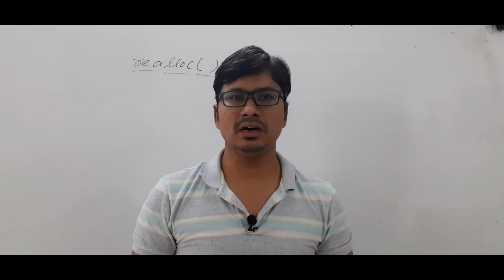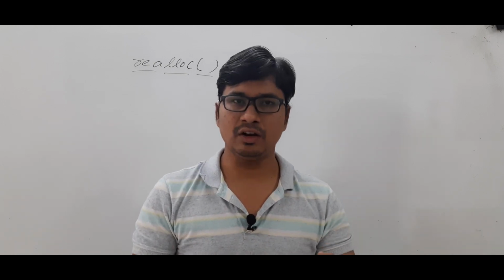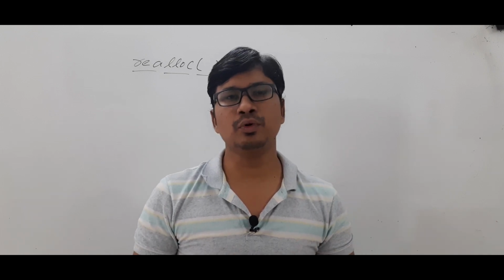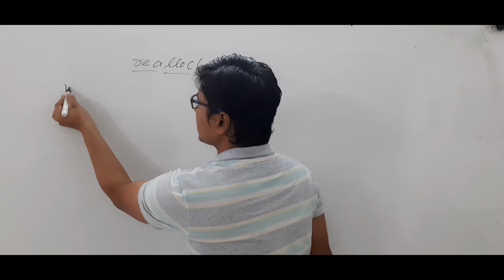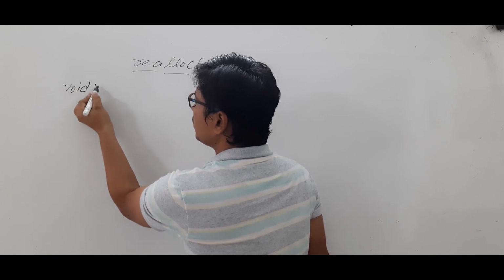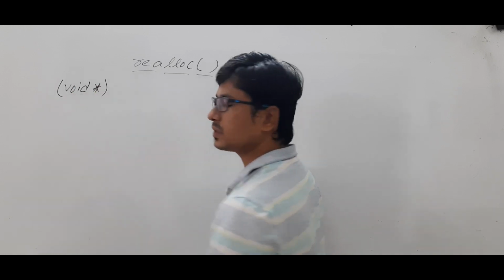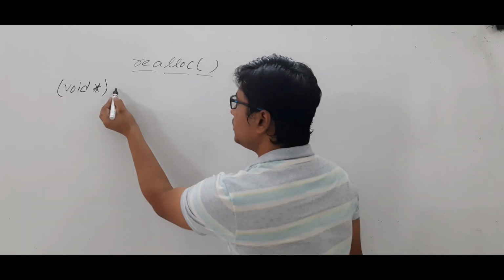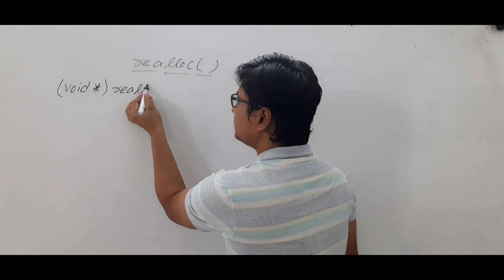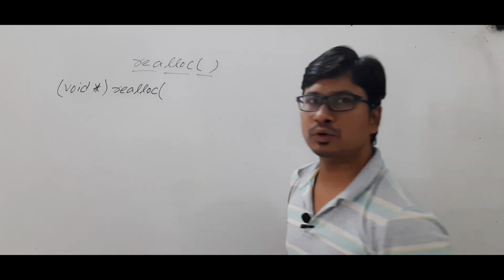Let me discuss the generalized syntax of Realloc. Then I will discuss the C program related to Realloc. The generalized syntax is: it will return a void pointer, similar to Malloc and Calloc. The name of the function is Realloc, and it will take two parameters.